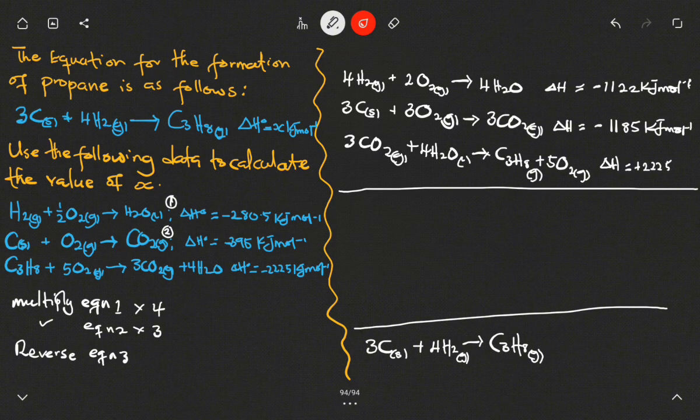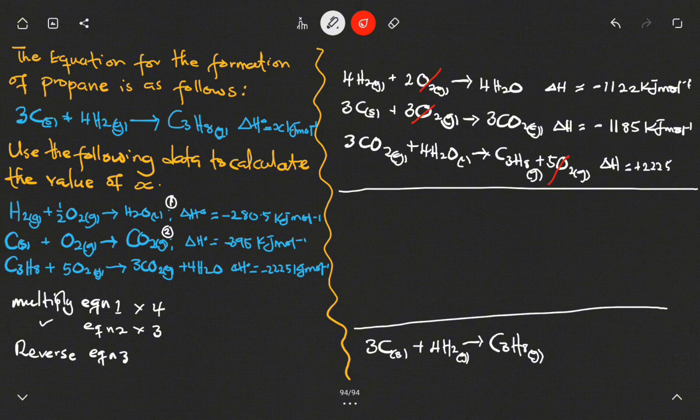So we have 2 moles of oxygen here, which will cancel 2 out of these 5, leaving 3, and then we have another 3 moles here. So all the oxygens are gone. We have 5 moles of oxygen on the right, and then we have 5 on the left, so we cancel out all the oxygen.